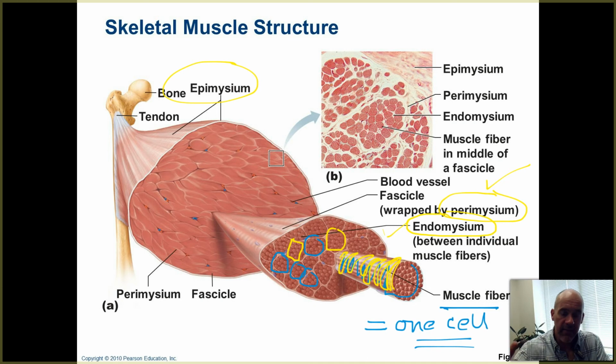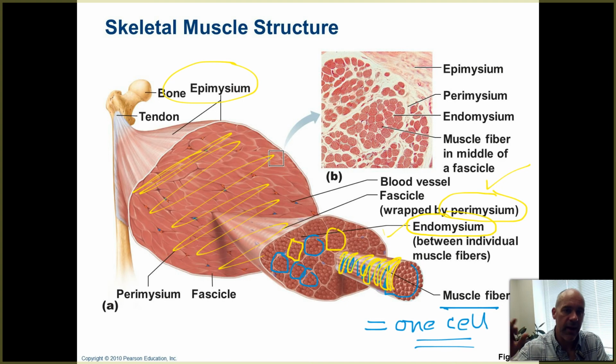Why do you have to have these connective tissues? It helps insulate the muscle fibers. It's almost functioning like insulation around wires. Because as we'll see, just because you're contracting one muscle fiber within a whole muscle doesn't necessarily mean you want every muscle fiber in that muscle contracting.